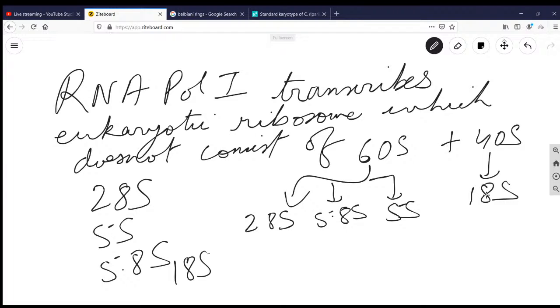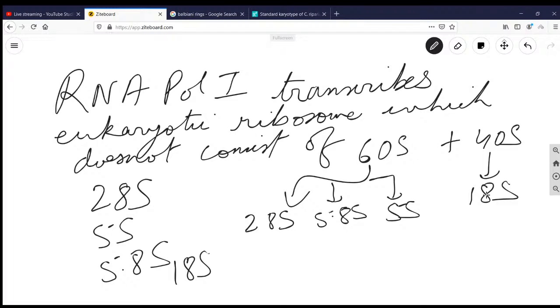So the large subunit 60S is made up of 28S, 5.8S and 5S rRNA and approximately 45 proteins. Whereas the small subunit, the 40S, comprises 18S rRNA and approximately 30 proteins.